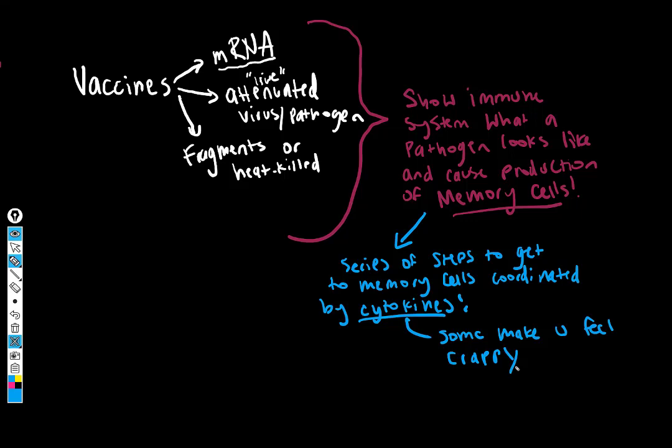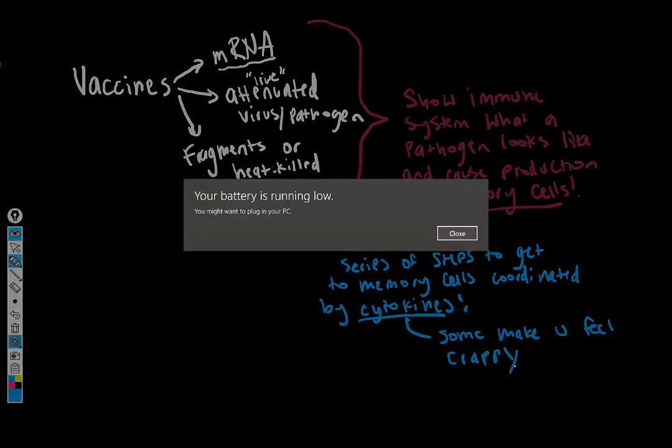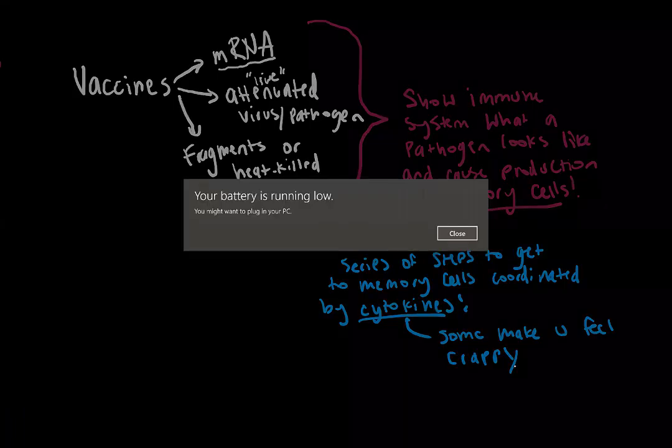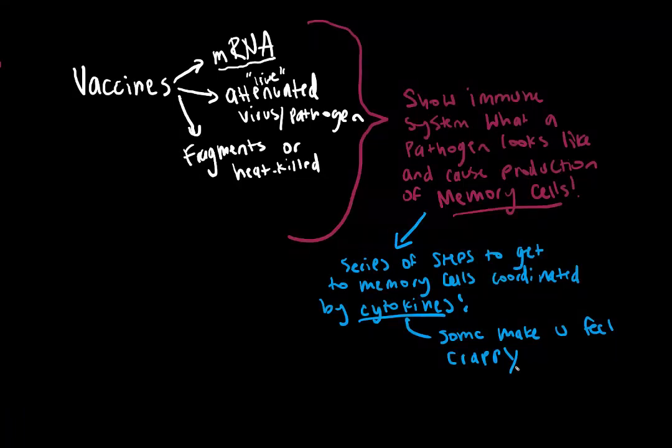So when people get vaccinated and they find themselves not feeling so hot, the conclusion that people without a whole lot of biology knowledge sometimes draw is that the reason they feel sick is because the vaccine must contain some accidentally live pathogen, and that is making them sick, or that some component of the vaccine ingredients, a preservative. What I was saying was the cytokines, some of these make you feel cruddy.